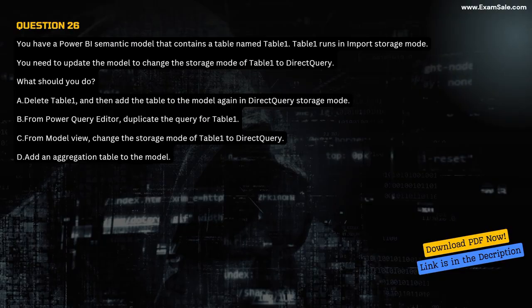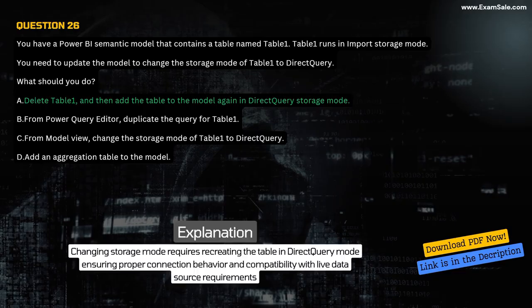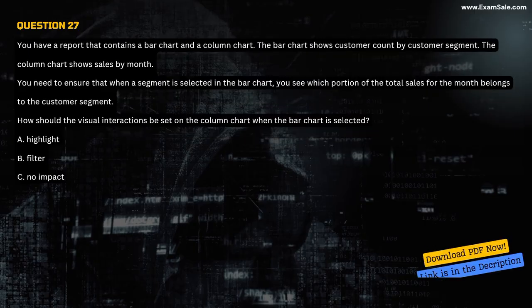C. From Model View, change the storage mode of Table 1 to Direct Query. D. Add an aggregation table to the model. Correct answer A. Explanation. Changing storage mode requires recreating the table in Direct Query mode, ensuring proper connection behavior and compatibility with live data source requirements.